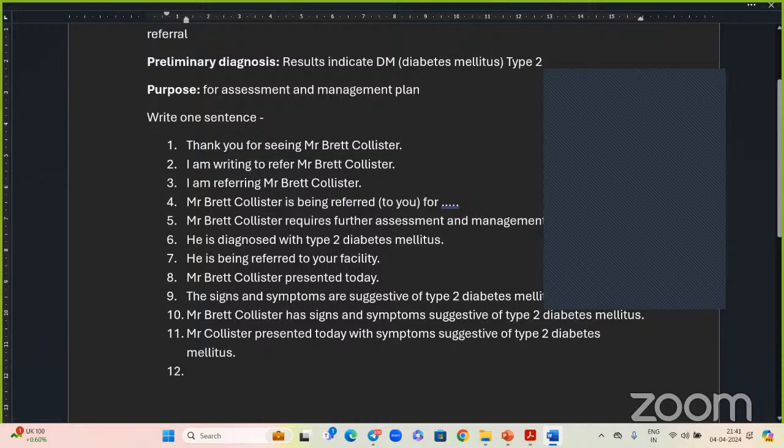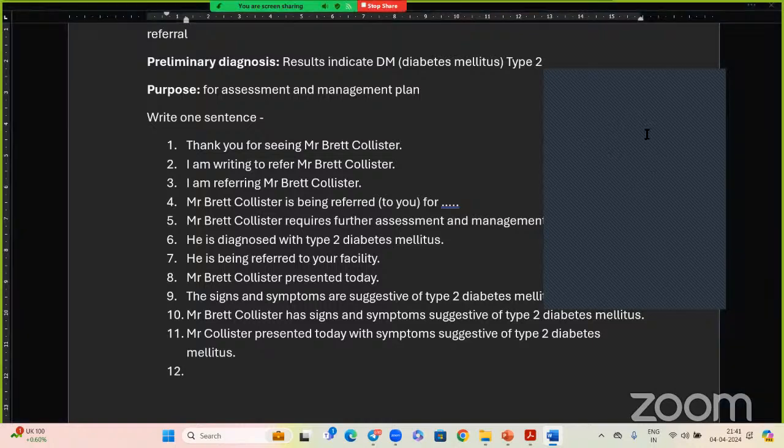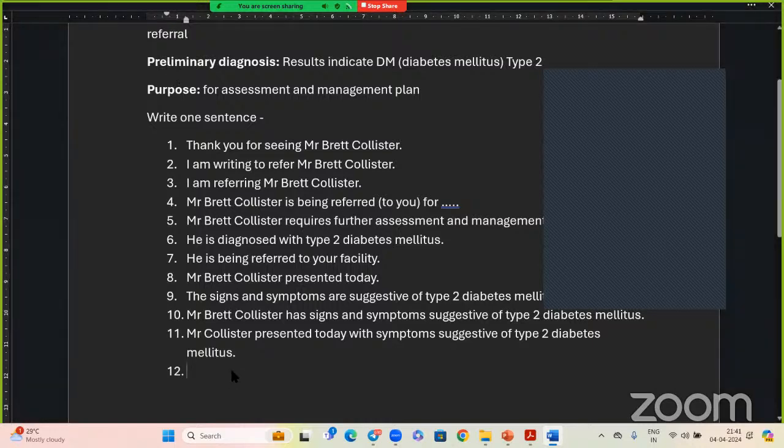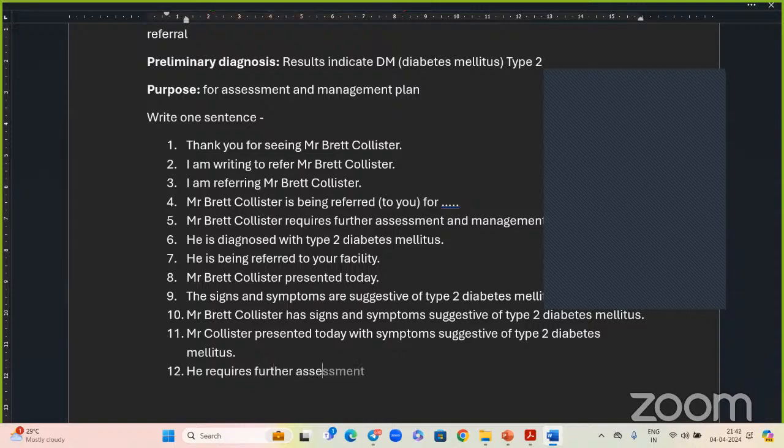Come on, I'm improving your sentences. What else can you write here? So he requires, you can say he requires further assessment and appropriate management plan.